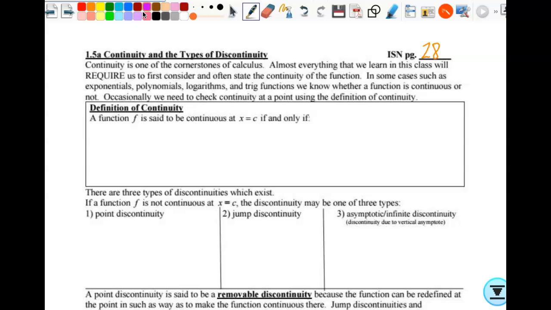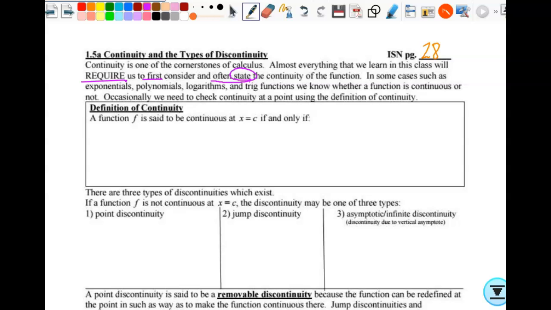Continuity is one of the cornerstones of calculus. Almost everything we learn in this class will require us to first consider and often state, legally, the continuity of a function. In some cases, such as exponentials, polynomials, logarithms, and trig functions, we know whether the function is continuous or not. Occasionally, we need to check continuity at a point using the definition of continuity.